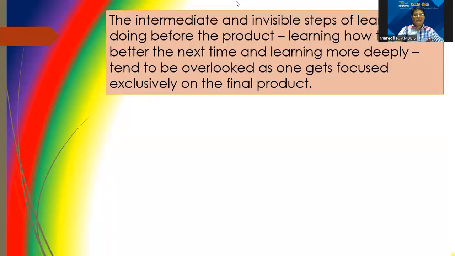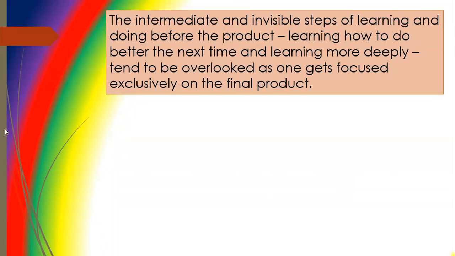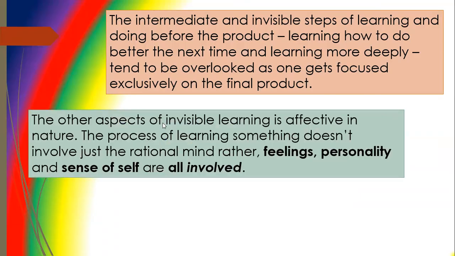Okay, the intermediate and, of course, invisible steps of learning and, of course, doing before the product. Learning how to do better the next time and learning more deeply tend to be overlooked as one gets focused exclusively on the final product.